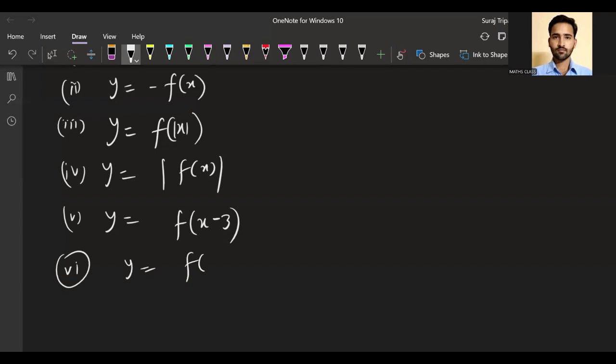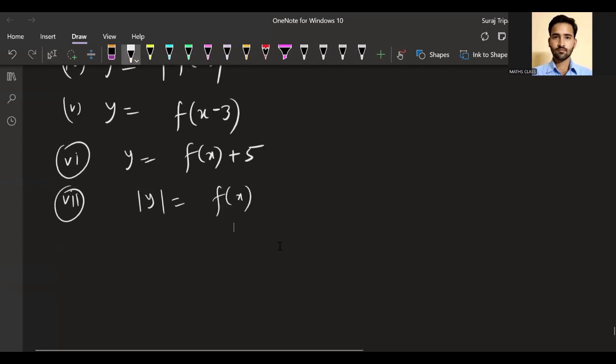Y equals to f of x plus 5. Mod x, mod y. Mod y equals to f of x. Right?